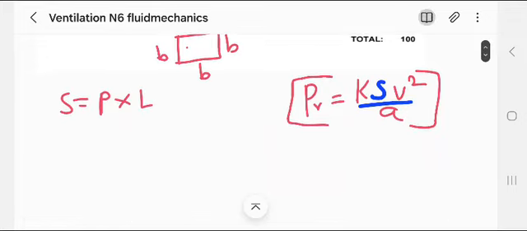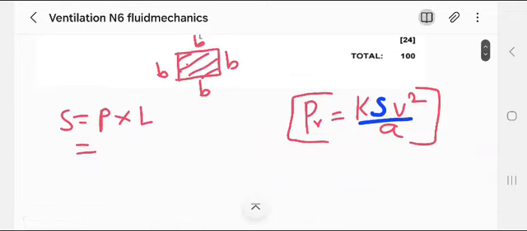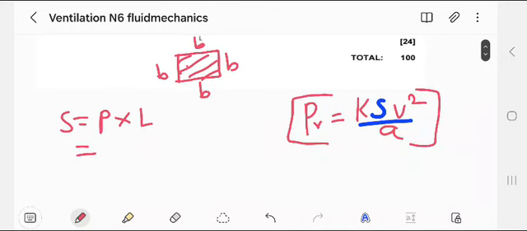For a square duct, when we add all the sides, B plus B plus B plus B, we have 4B. So we have 4B multiplied by the length.